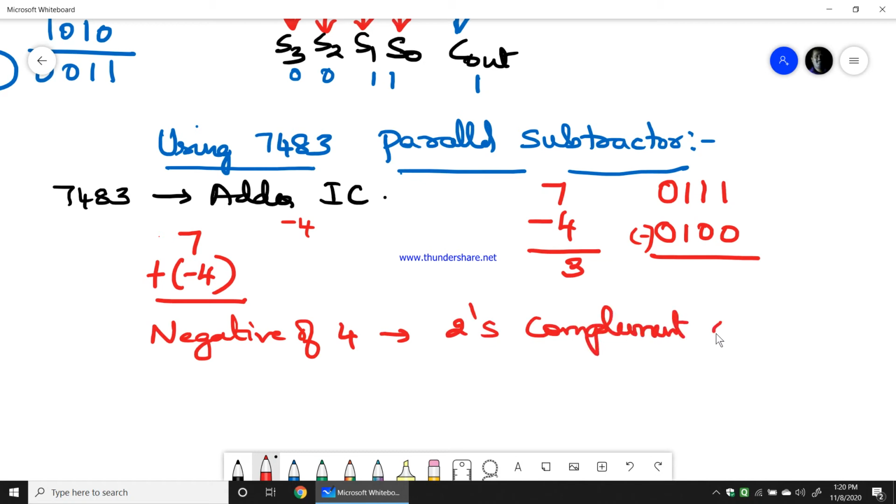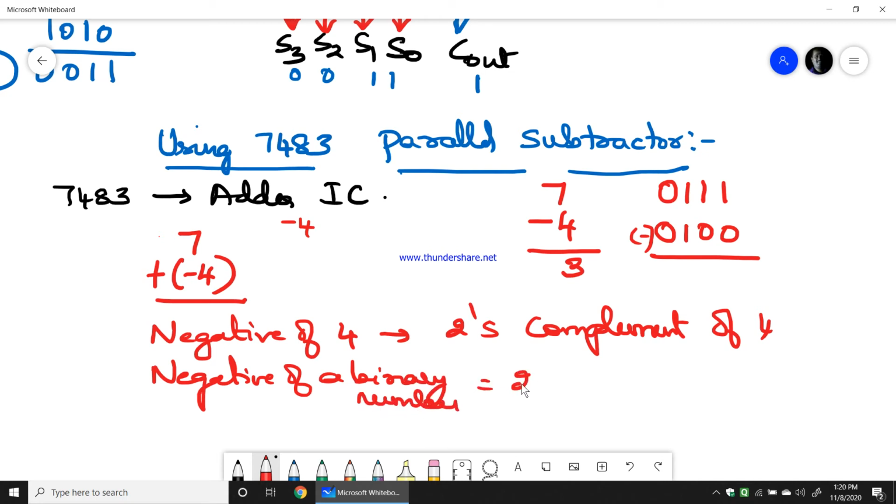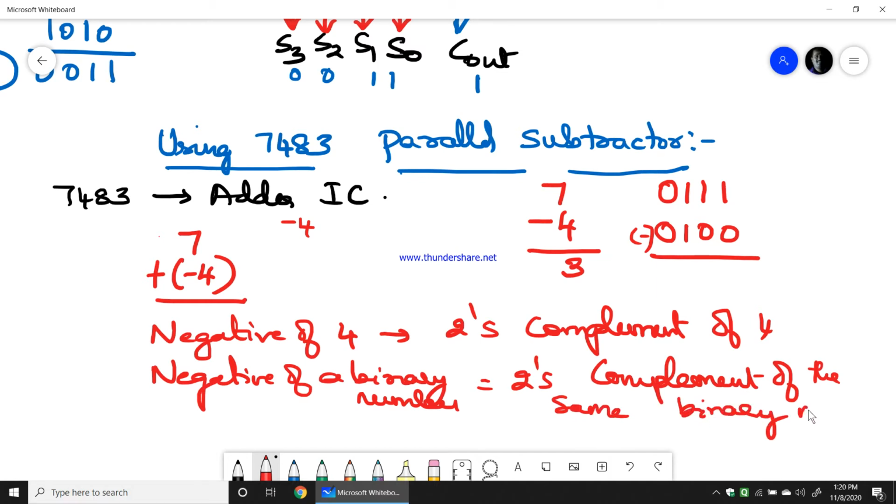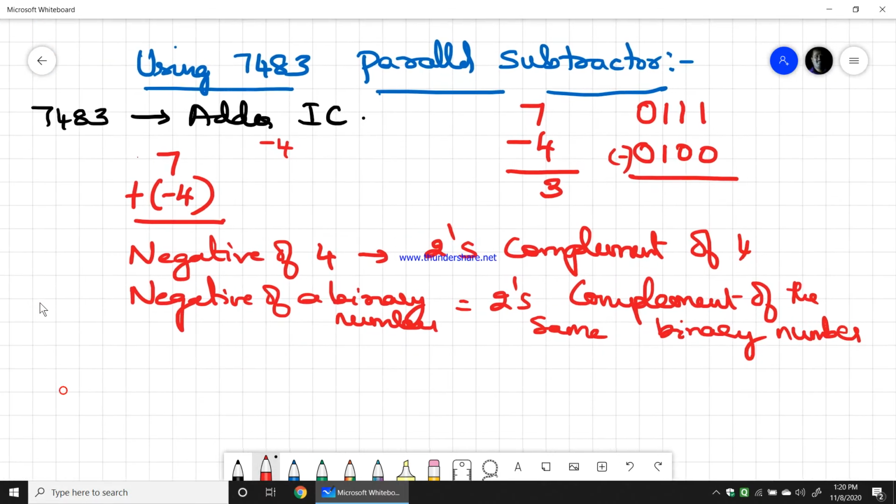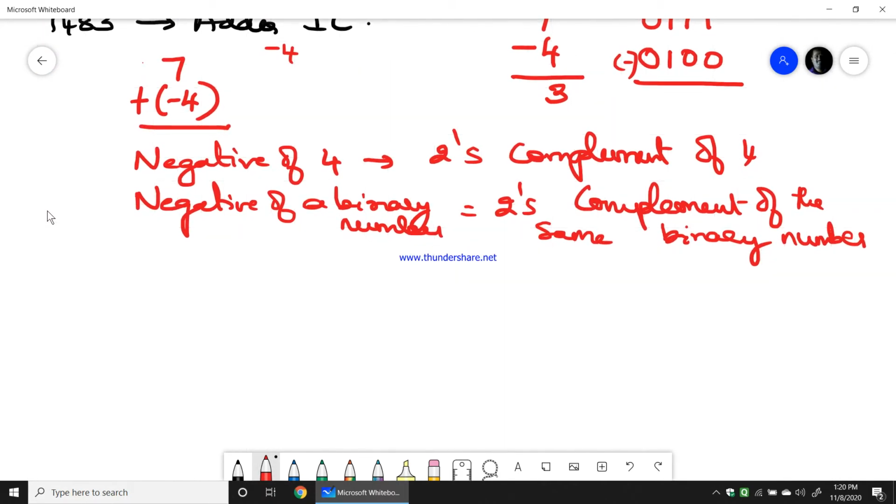So in general, the negative of a binary number is equal to 2's complement of the same binary number. Therefore, we'll take the 2's complement of 4, which gives me minus 4, and then we'll add the 2's complement number with 7. That is what we are doing here.